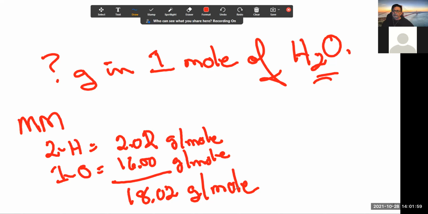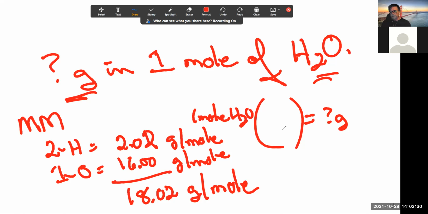So doesn't that tell you how many grams 1 mole of water would weigh? No? Well, okay, let's break it down. We're looking for grams and we need 1 mole. So when I set that up, I need grams over here, and I'm given 1 mole of H2O.